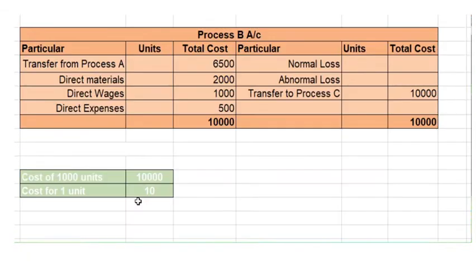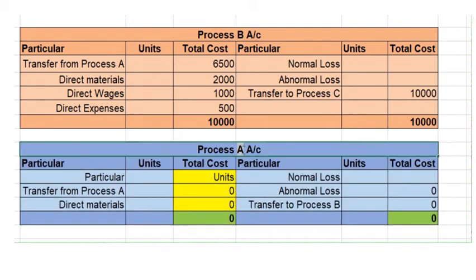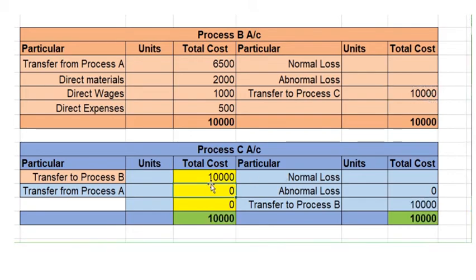Similarly, we will have the process C account here. We have the particulars, cost and units. We have the transfer from process B, and the value is 10,000.